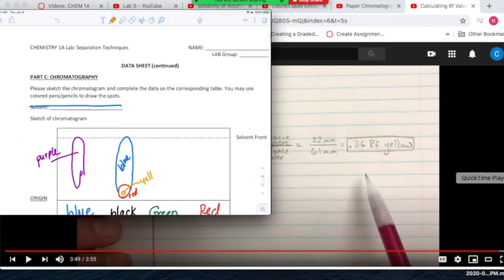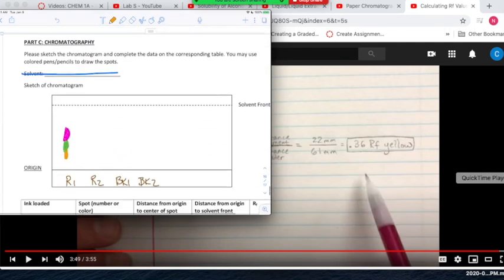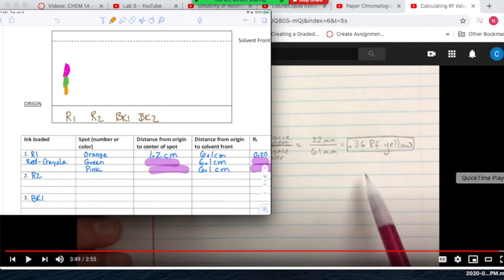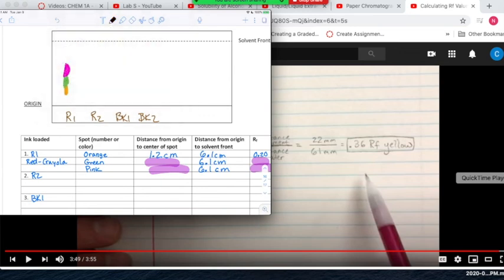Again, I'm not going to have you fill this out, but just to give an idea of what you would have done. What I would have asked you to do is here you would have, say, 2 different red markers or 2 different black markers. And within each one, you would see the different colors, and you would do exactly what that person in the video did: you would measure the distance from the origin to the center of the spot.